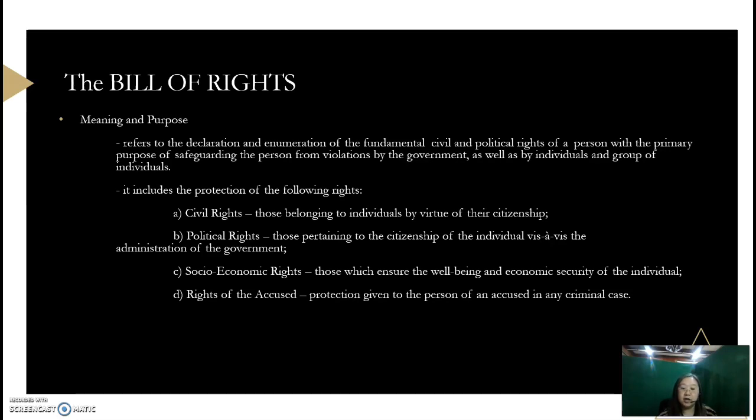For socioeconomic rights, these are rights which ensure the well-being and economic security of the individual. For example, the right to earn a livelihood. Okay? And of course, the rights of the accused. These are the protection given to the person of an accused in any criminal case. So, towards the latter part of the Bill of Rights, the rights of the accused are discussed. Like, for example, the right to bail, the right to counsel, the right to speedy disposition of cases, etc.